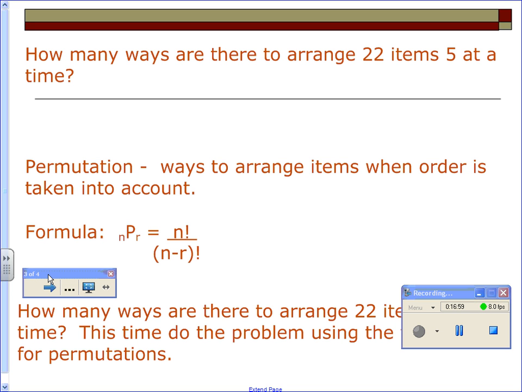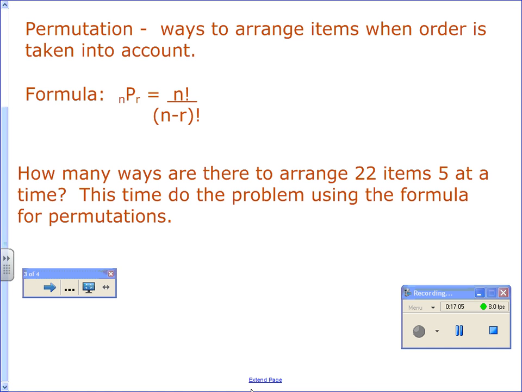This is what it actually means: n factorial over n minus r factorial. The n is the total number of items that you have, and the r is the number that you're going to use.